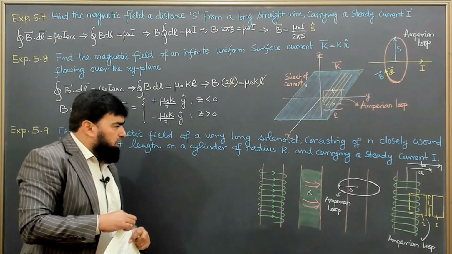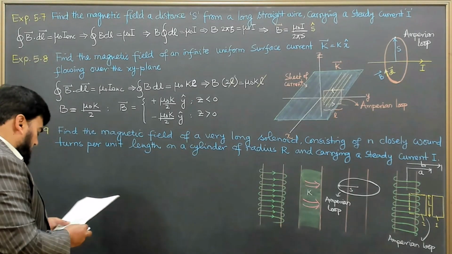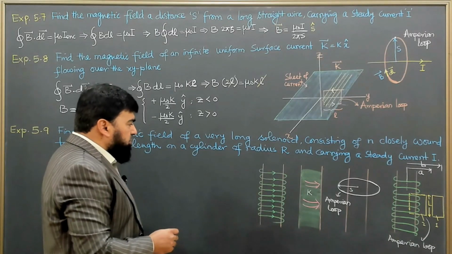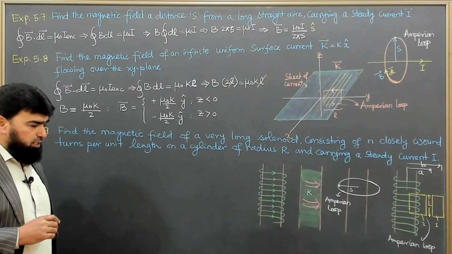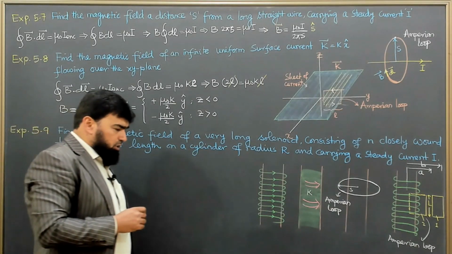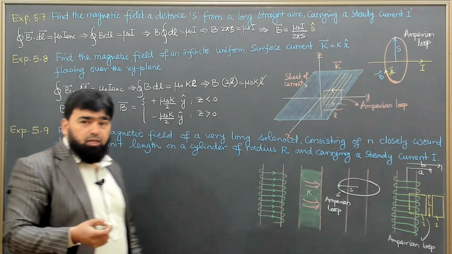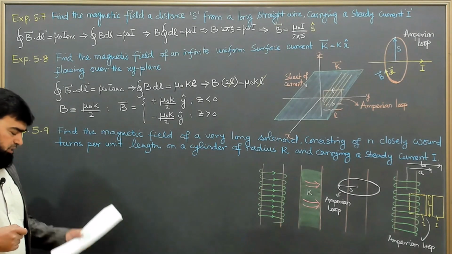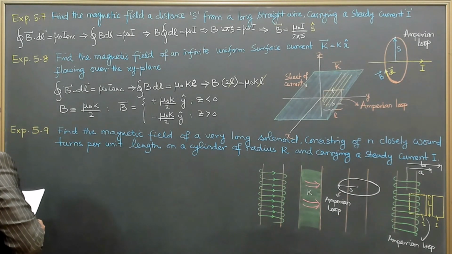So we will consider this to solve how much the magnetic field is inside and outside of this solenoid. We use a solenoid just like an inductor; an inductor is a solenoid. So let's solve this.